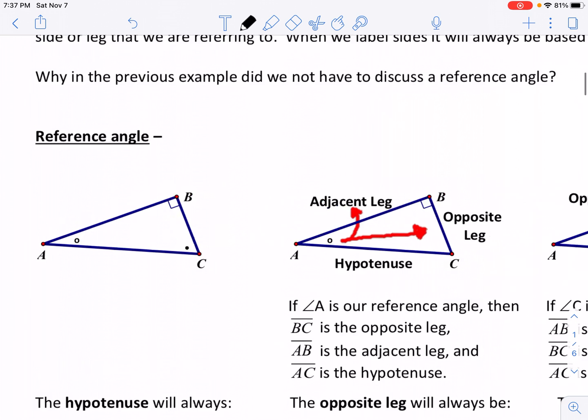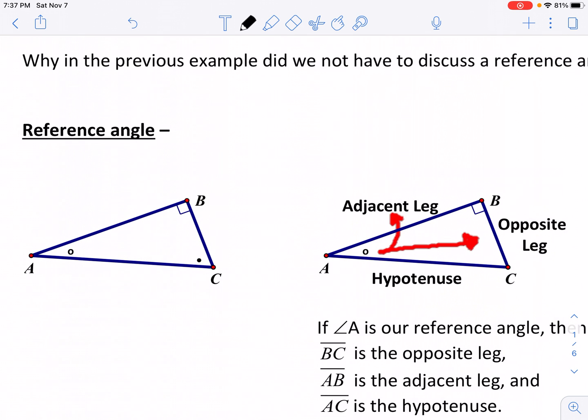When we're talking about a reference angle, we're given a right triangle, and the right angle, the 90-degree angle, we're never going to have to deal with that. We're talking about the other two angles, the two acute angles that add up with the 90-degree angle to form 180 degrees, okay?